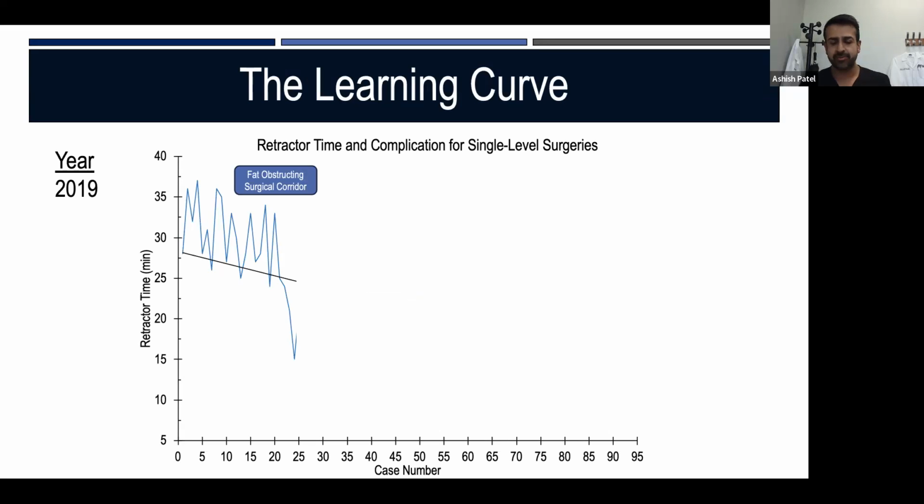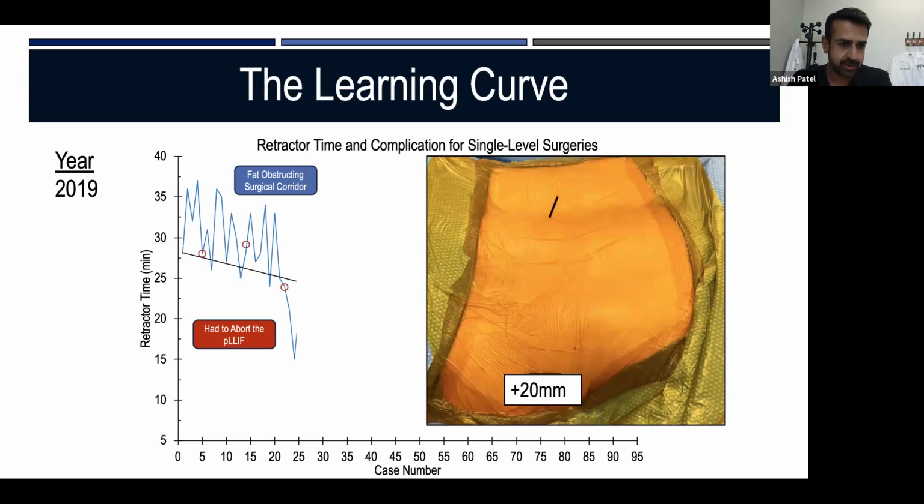And so as we've gained experience during our learning curve, we had improved retractor times, but there were times in the beginning when we were doing prone where we had to abort. And they were for various reasons. There was a time where the working distance was just too much. And what we learned is that our retractor blades are 180 millimeters, and the working distance is probably an increase of about 20 millimeters over standard lateral.